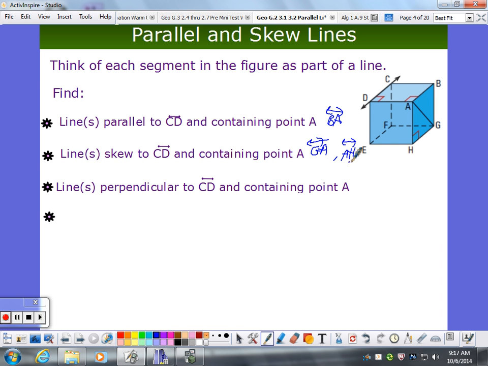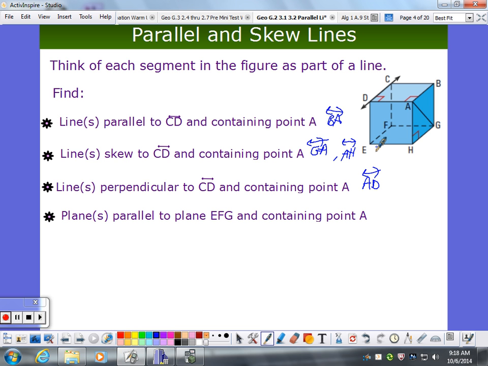Joseph? Perpendicular, I see my right angle marker, so I know this line will be perpendicular to that one, and it does contain point A. And I'm looking for planes parallel to plane EFG. So EFG looks like the bottom of this cube, and it contains point A. Plane parallel containing point A.